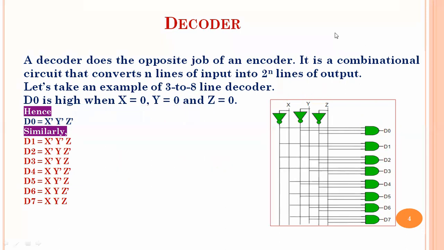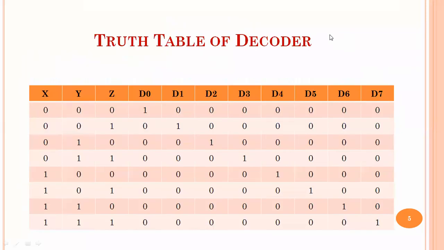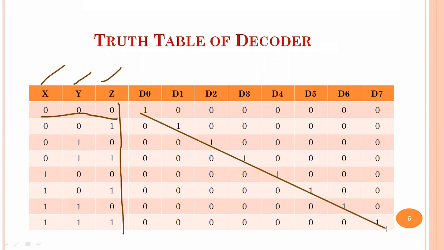And next we will have the truth table of this decoder. Simply, it is also the vice versa of this decoder. We will write down first X, Y, and Z, from 0, 0, 0 to 1, 1, 1. And now see here, again the diagonal form is 1, 1, 1.